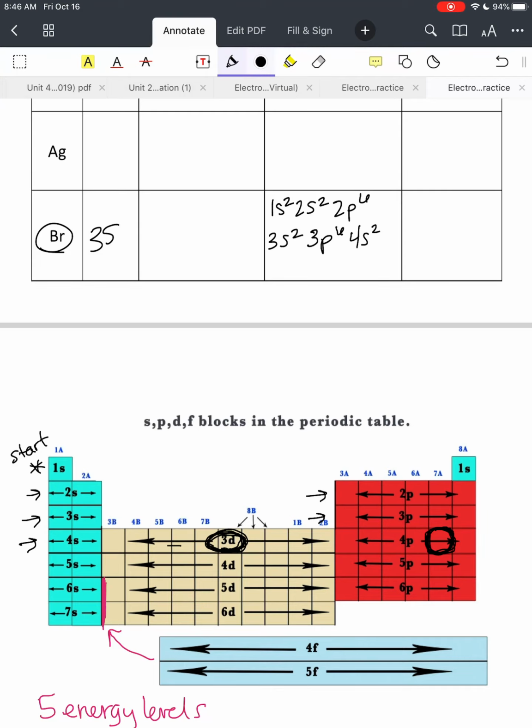If you remember that stepwise picture from the notes, the previous video, as I was going through those slides, your energy levels are ordered based on the amount of energy it takes to hold those electrons there, because remember, you're pulling those electrons away from those positive protons.